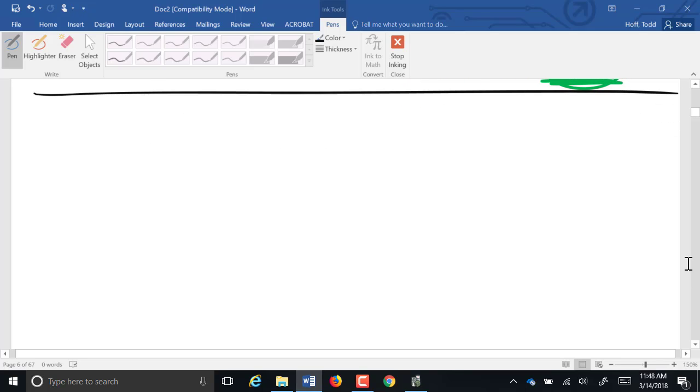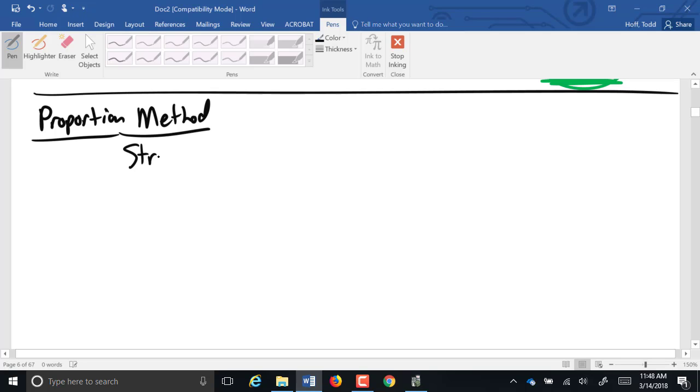So the next method I want to talk about is the proportion method. The proportion method for calculating dosages has a couple of strengths. The one strength is you don't really have to memorize anything.